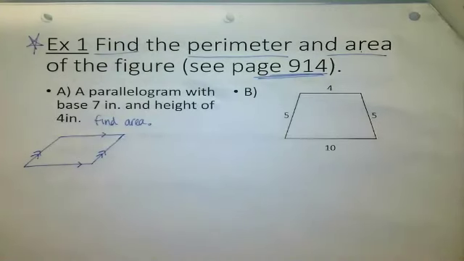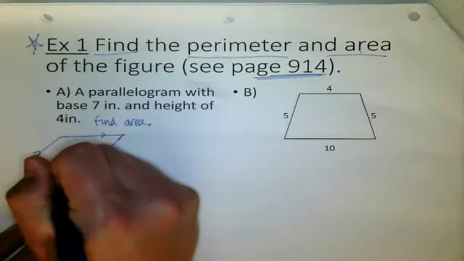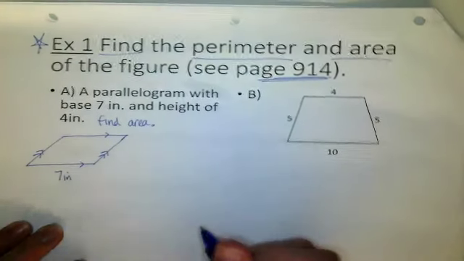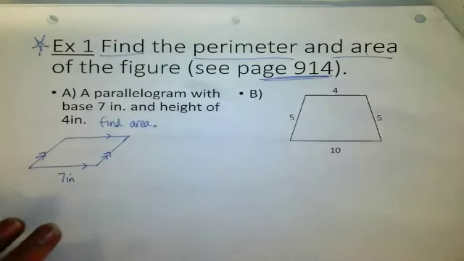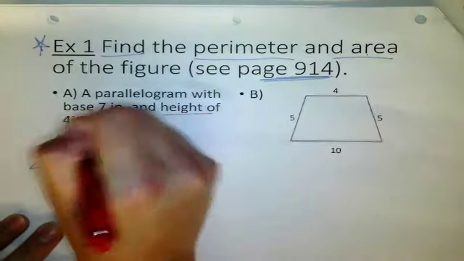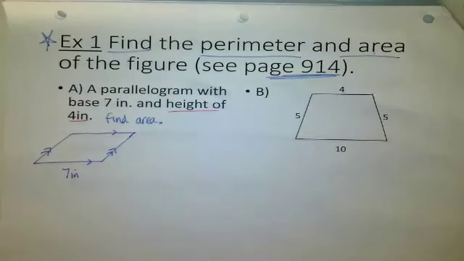And then they say it has a base of 7 inches. Where does that 7 inches go? It's not a trick question. On the base, right? Okay. So 7 inches goes on the bottom. My big question is, what does it mean when they give you information about height? What is height? It's very specific. So that base is 7.